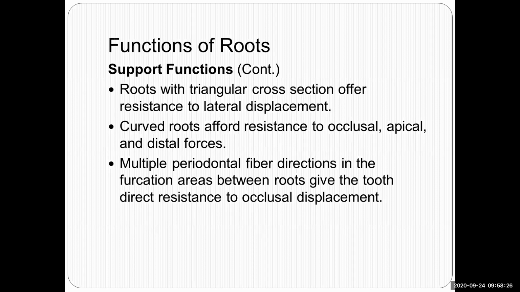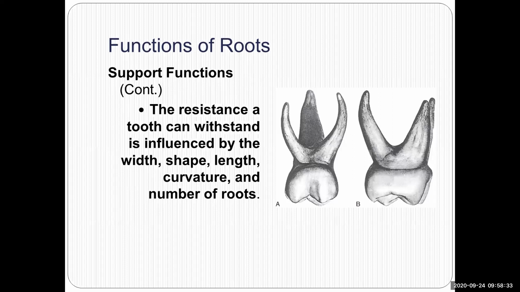So these PDLs are all trying to hold the tooth in place. The resistance a tooth can withstand is influenced by the width, shape, length, curvature, and the number of roots.